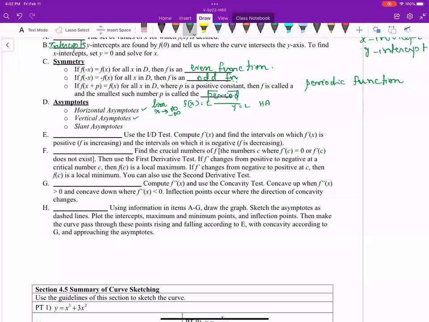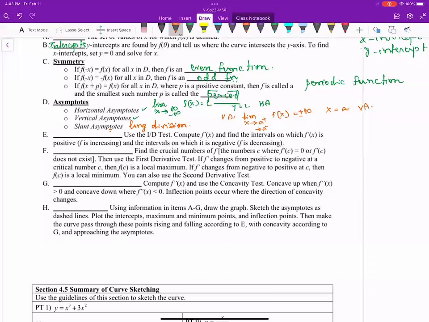For the vertical asymptote, we take the limit as x approaches a from the right or left. If f of x equals infinity or negative infinity, then we say x equals a is the vertical asymptote. Then the slant asymptote, which means we perform long division, and then we take the quotient of that division as the slant asymptote.